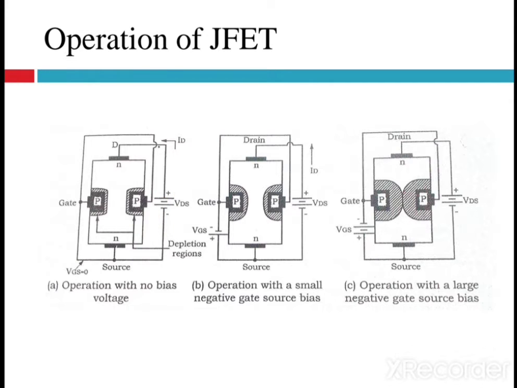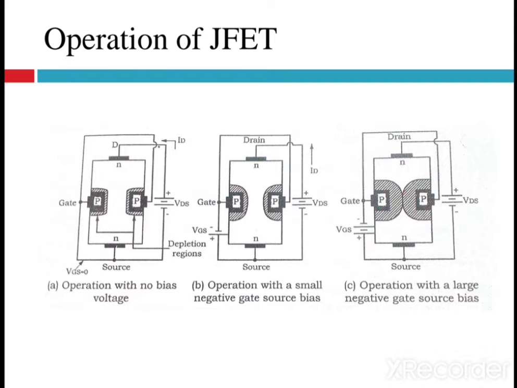The operation of JFET for different values of VGS is shown in the diagram. You can see on your screen there are three diagrams for different values of VGS. The first diagram is the operation with no bias voltage, which means VGS is equal to 0.